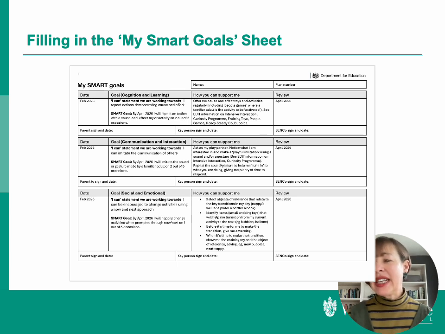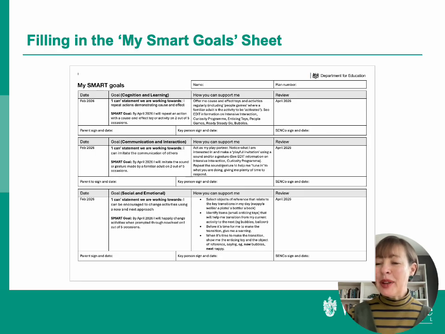So I filled that out here to say: offer me cause and effect toys and activities regularly, including people games where my familiar adult is the activity to be activated. See the information on intensive interaction, curiosity programme, enticing toys, people games, ready steady go, and bubbles.